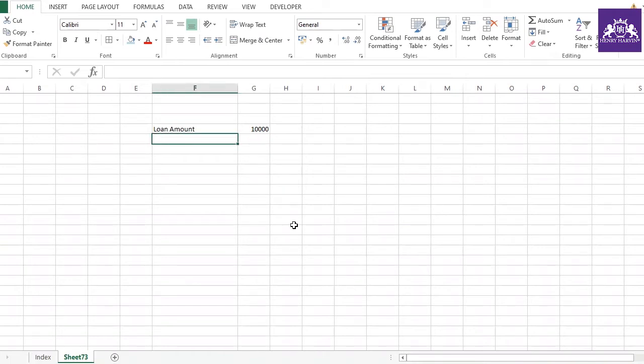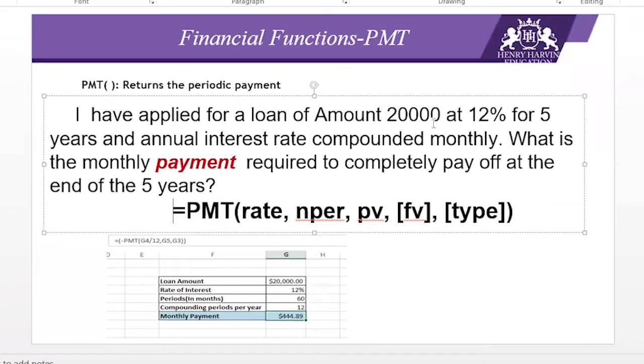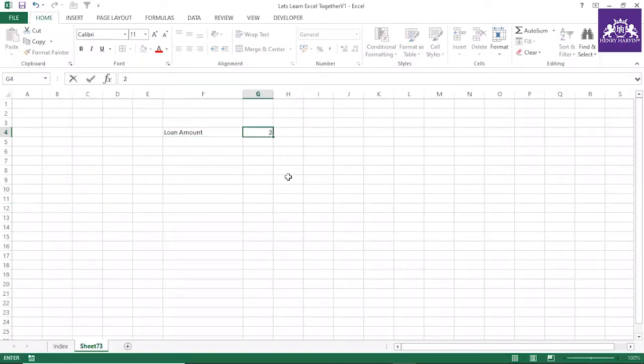If we go to our slide, the question we have prepared is 20,000, 12%, 5 years. So 20,000 is the loan, and the rate of interest is 12%, sorry, and 5 years.